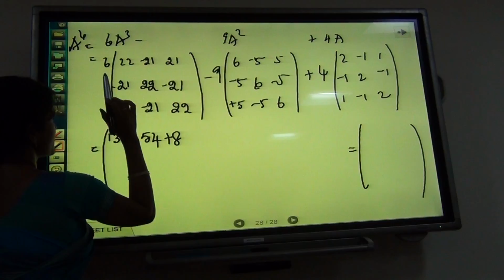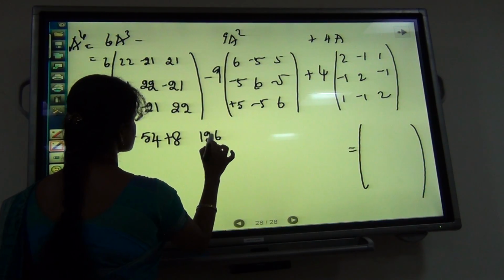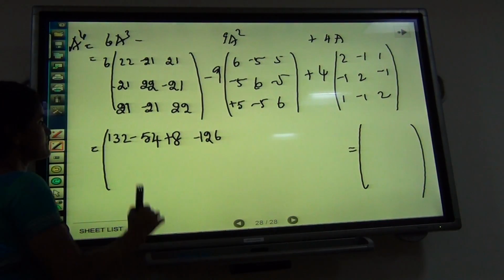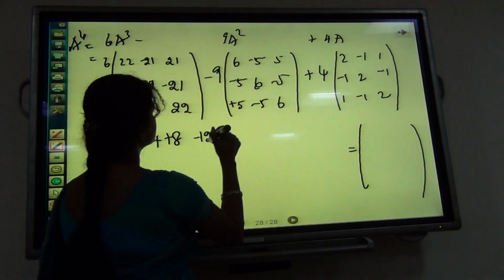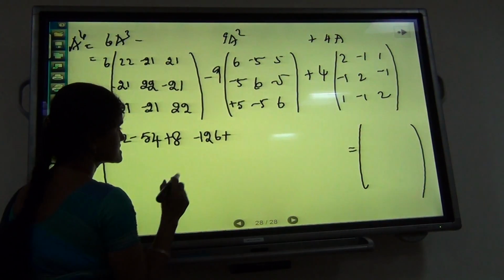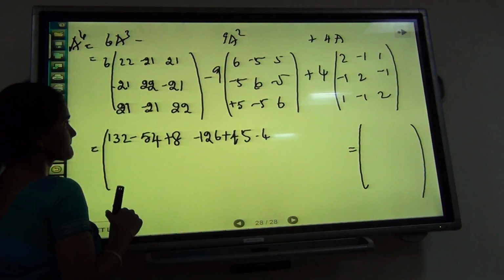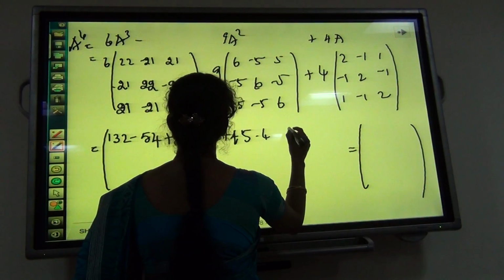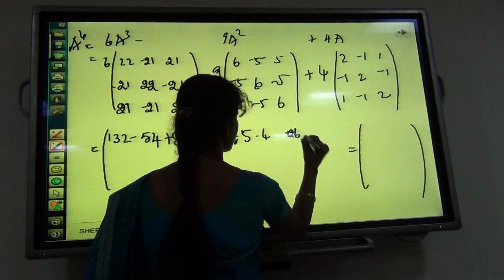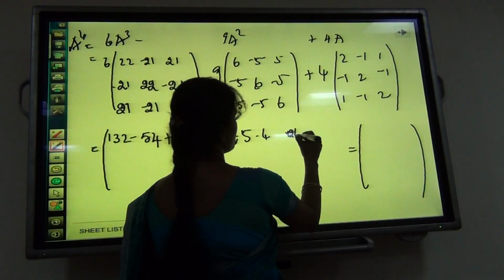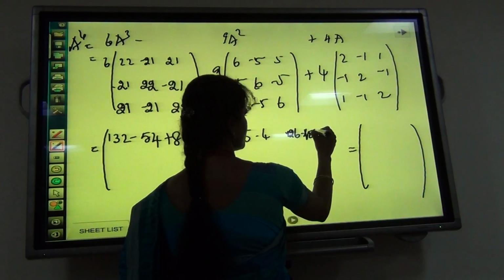So 6 into 21 gives 126. Here it is minus 126 plus 9 fives are 45 minus 4, and here it is plus 126 minus 45 plus 4.